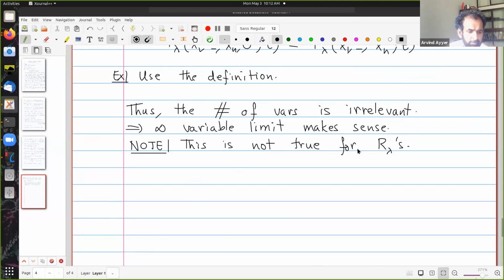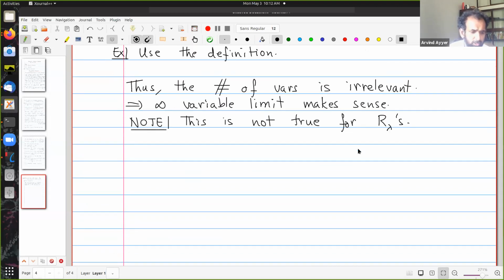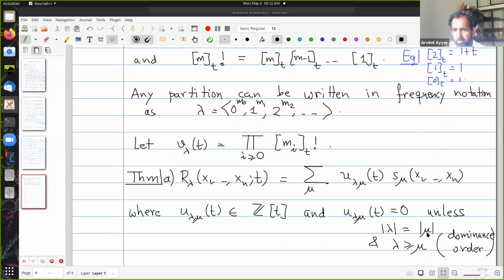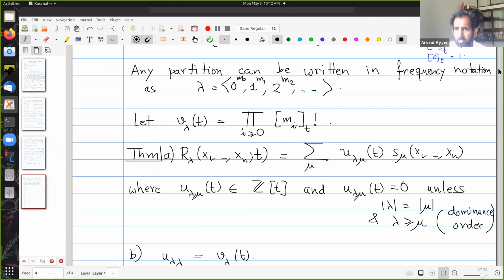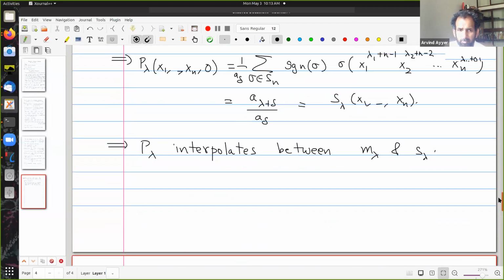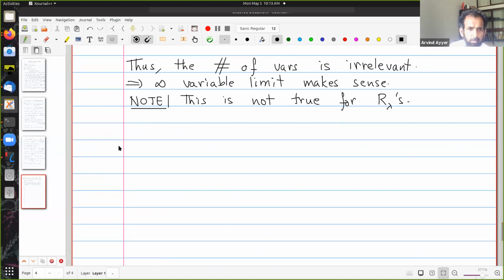Okay. So because of the first theorem about the expansion of R lambda using this dominance order, you get that the P lambdas form a basis by the first theorem.